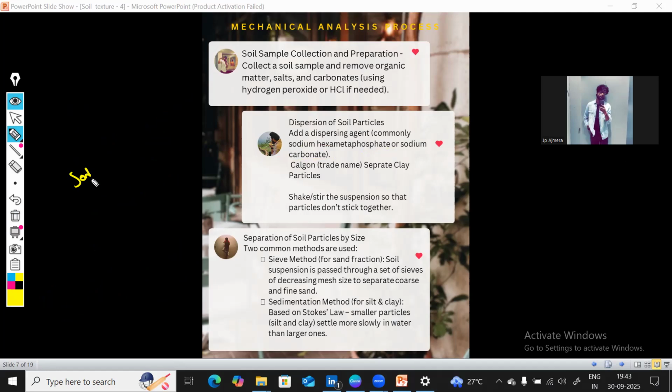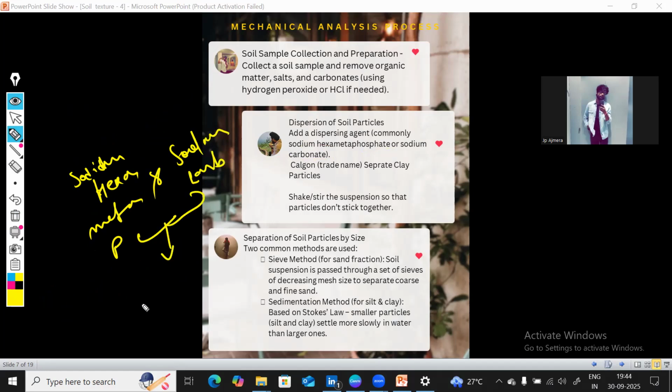Sodium hexametaphosphate and sodium carbonate together are known as Calgon solution.